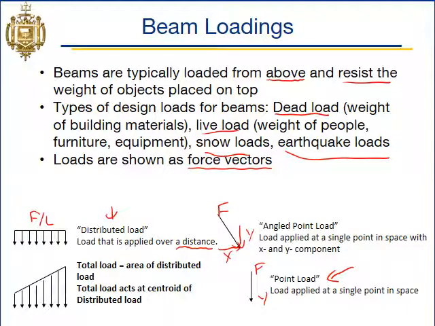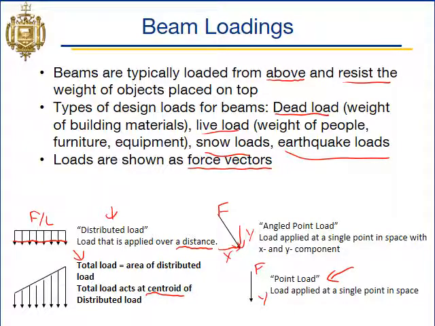And so for distributed loads, what we have to do for our reaction analysis is to calculate what the total load is, and then where that total load acts, which is at the centroid of the distributed load shape. So for this rectangular one, this is a pretty easy one to find the total load for and the location. Location's easy, right?